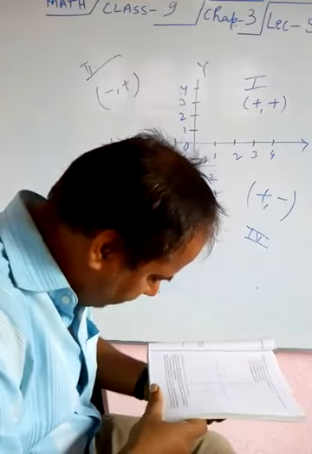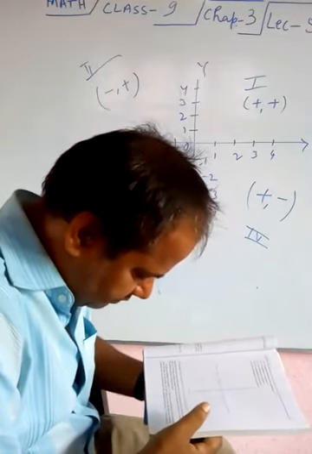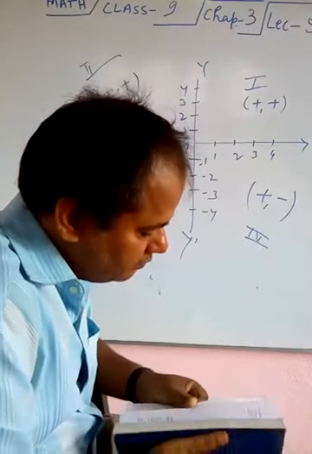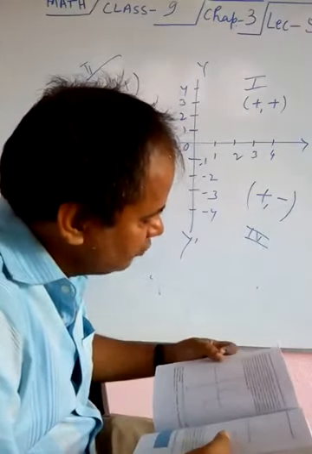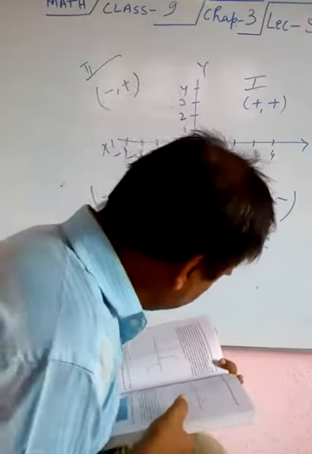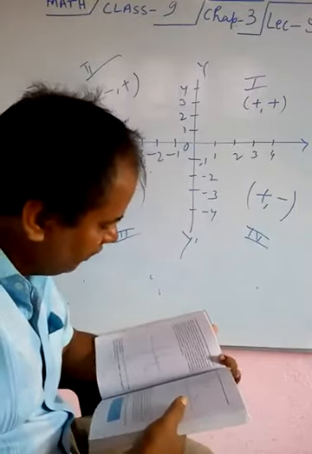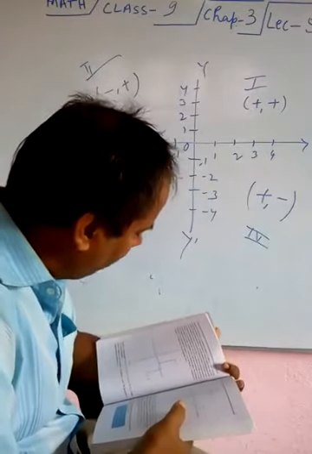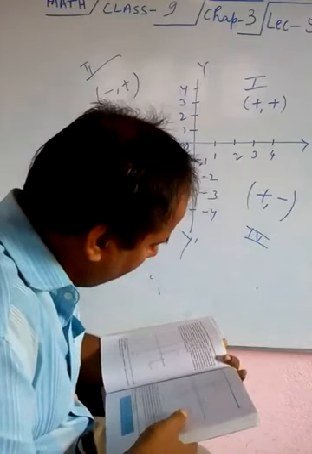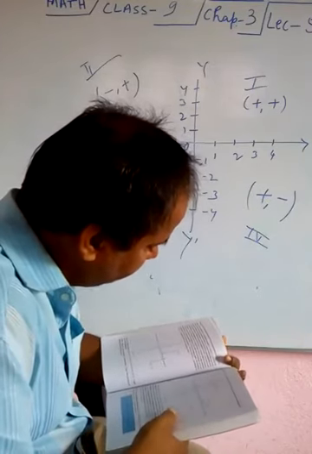The coordinates of the point (3, 5) tell us that the distance of this point from the y-axis along the positive x-axis is 3 units and the distance of the point from the x-axis along the positive y-axis is 5 units.